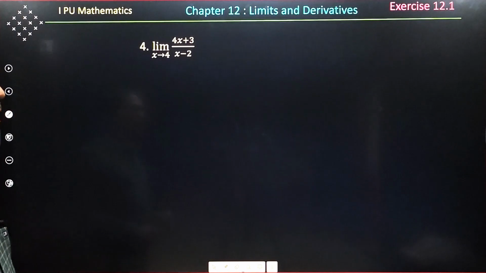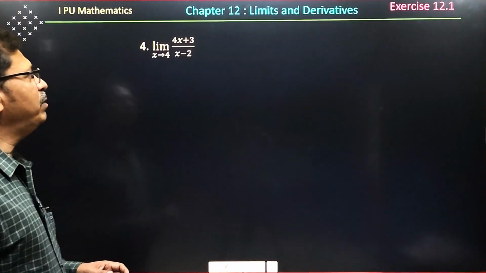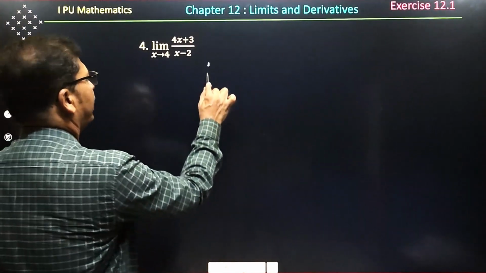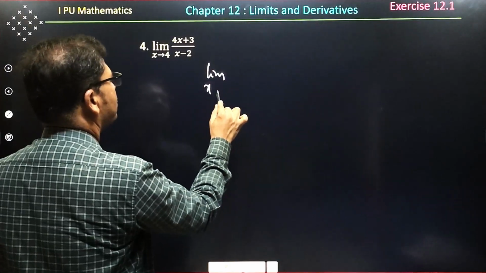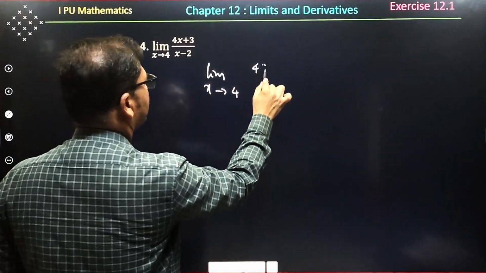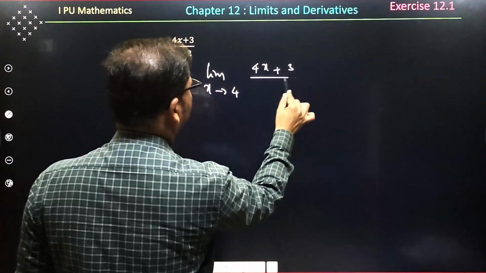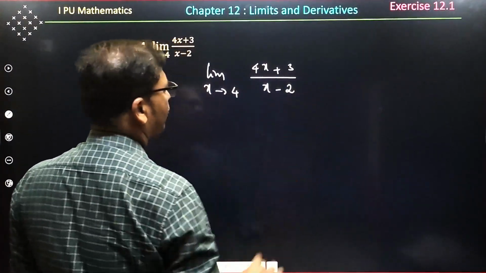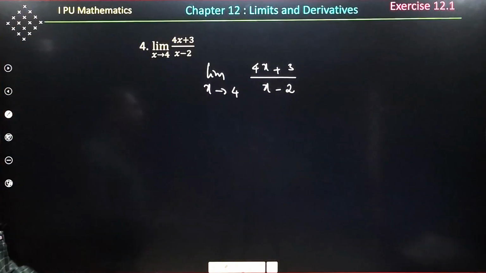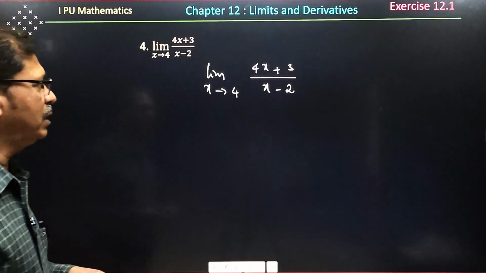The question follows like this: limit x tends to 4 of 4x plus 3 divided by x minus 2. This is the given limit. X tends to 4 means x equal to 4. You substitute here.